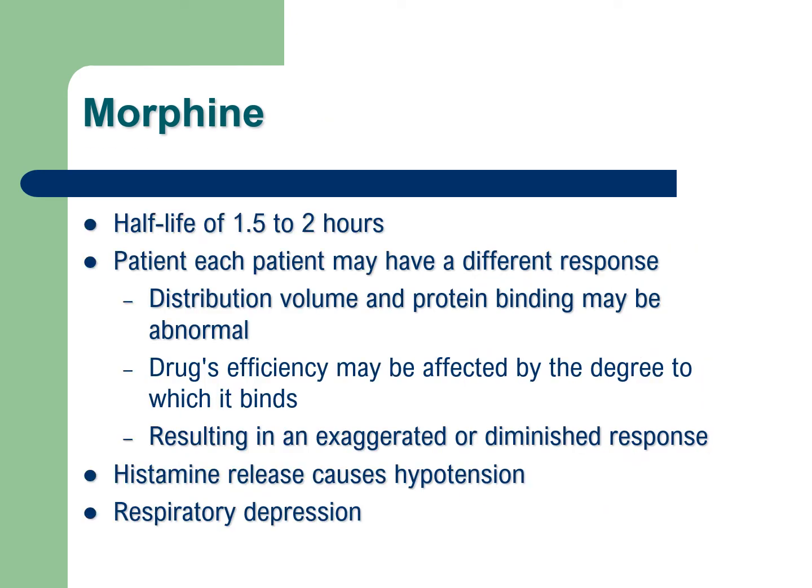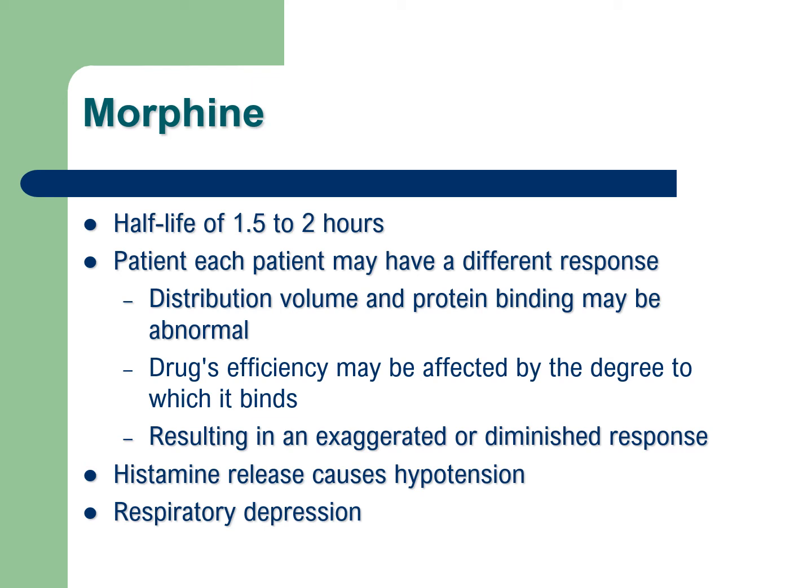I wanted to go into a little bit more detail about morphine. The normal half-life of morphine is anywhere from 1.5 to 2 hours, but each patient's response to morphine may differ. The reason for this difference is the protein binding qualities of each person. Some drugs will act more exaggerated on some patients, where some patients may feel a less response.